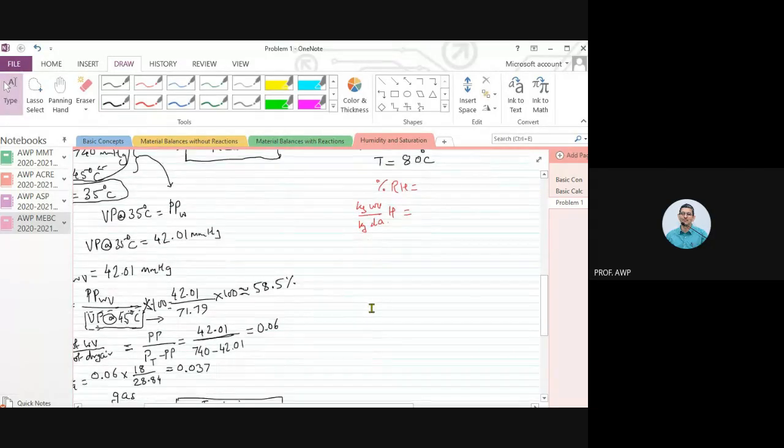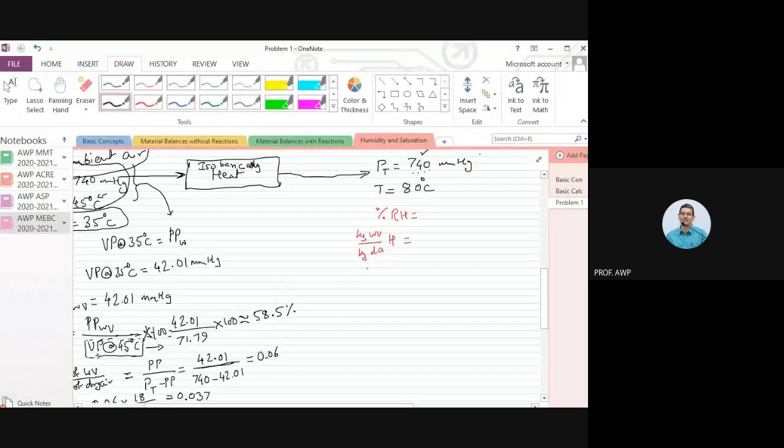Air is also going to remain the same as air. Only thing is it will be at a different temperature, now 80 degrees centigrade. So kgs of water vapor per kg of dry air is going to remain the same. That would be 0.037. Or if you want kilomoles of water vapor per kilomole of dry air, that would be 0.06.